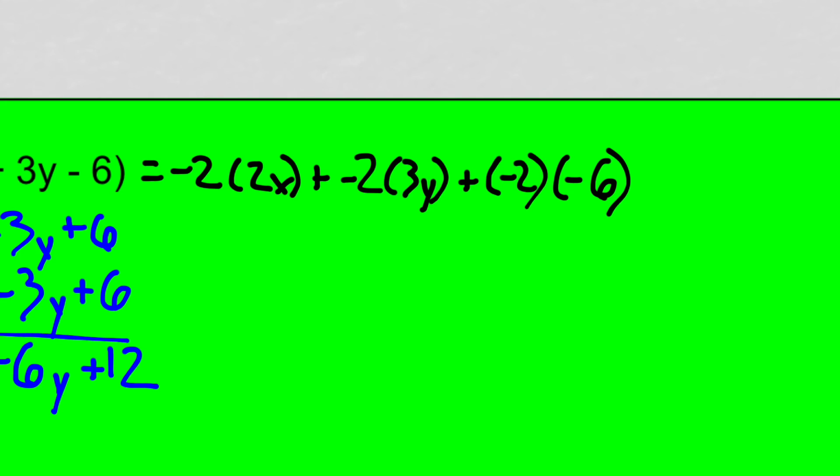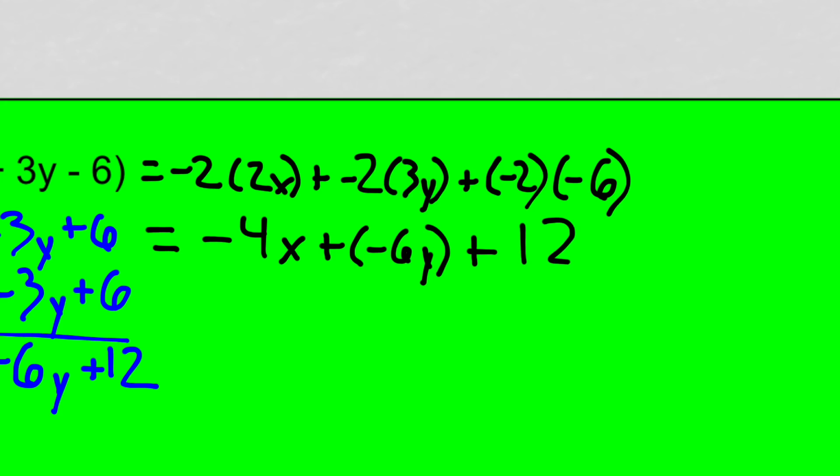And if we multiply each term, negative 2 times 2x is negative 4x, plus negative 2 times 3y, so negative 2 times 3y is plus negative 6y, and then plus negative 2 times negative 6 is positive 12.